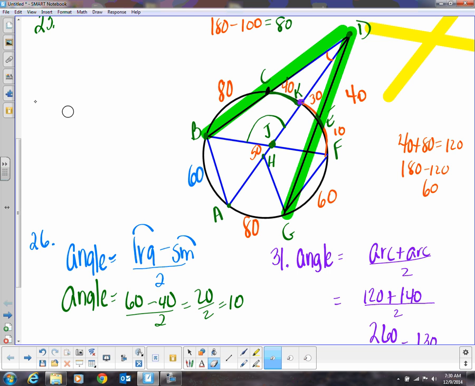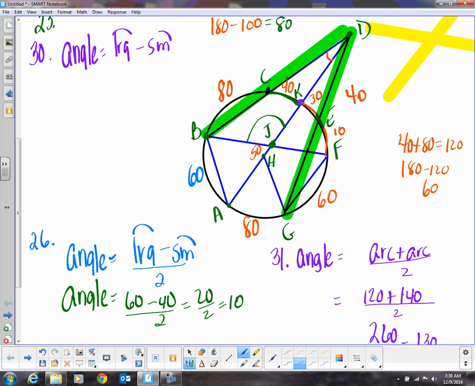Outside the circle. So when you're outside the circle, what's the formula? Angle equals large arc minus small arc. Right. Large arc minus small arc divided by 2. So the green, with that green, you should be able to see what's being cut off. What's the large arc?